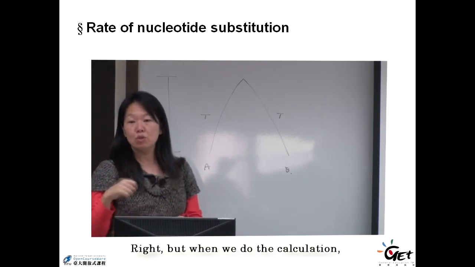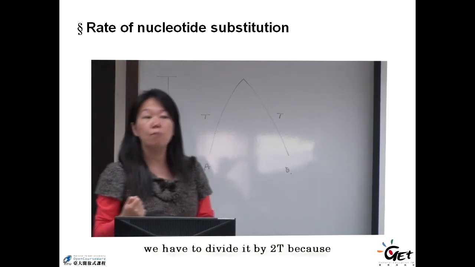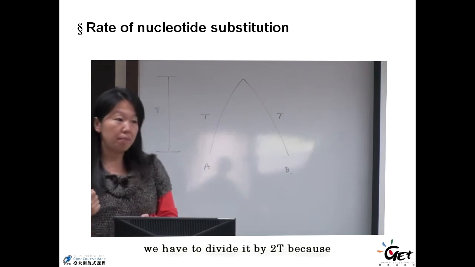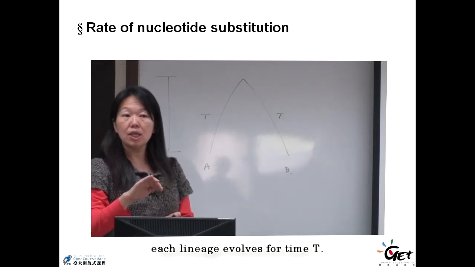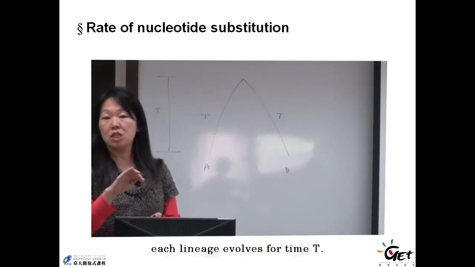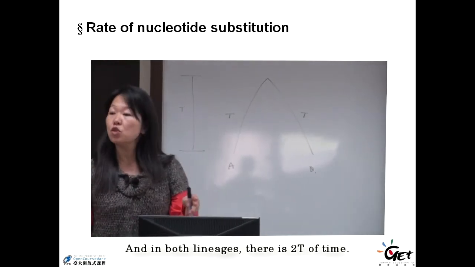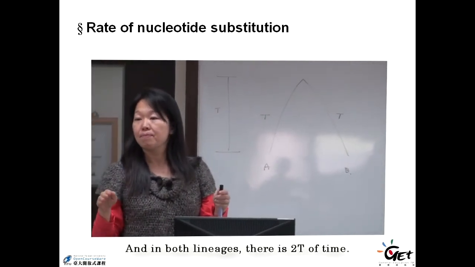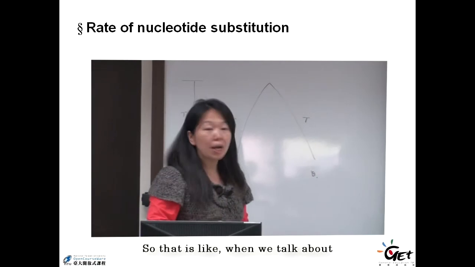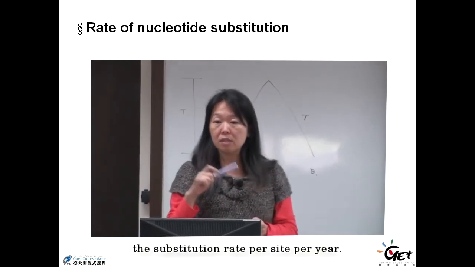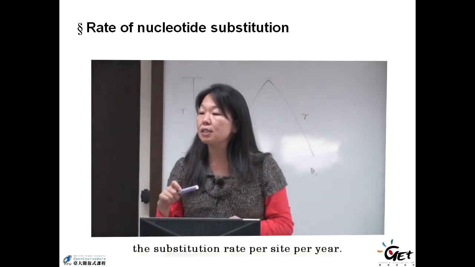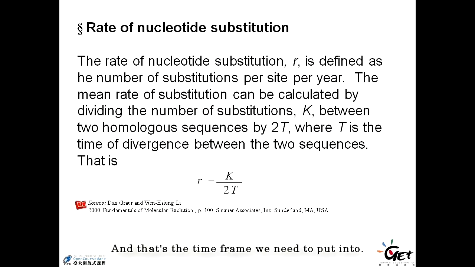When we do the calculation, we have to divide by 2t because each lineage evolves for a time of t. In both lineages, there's 2t of time. So that is the time frame we need to put in when we talk about the substitution rate per site per year. This diagram is a reminder, although you've seen it before.